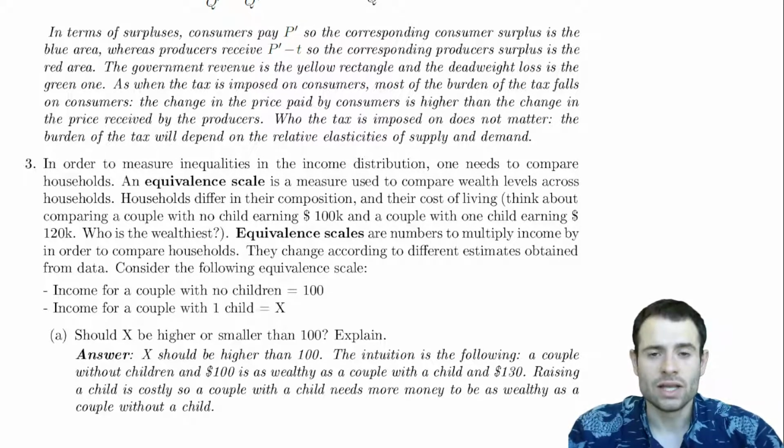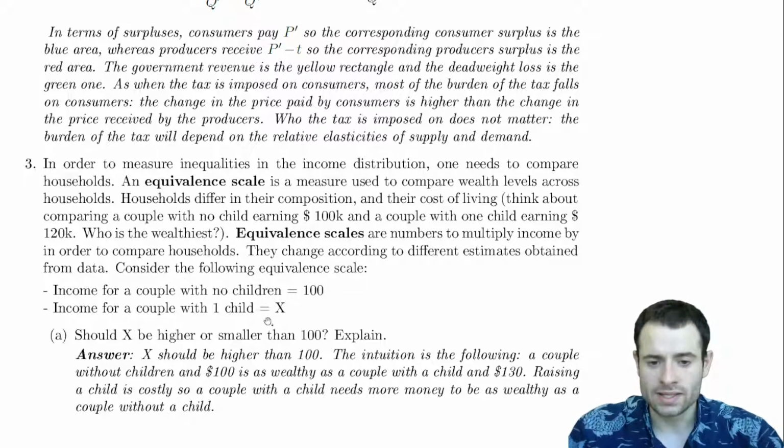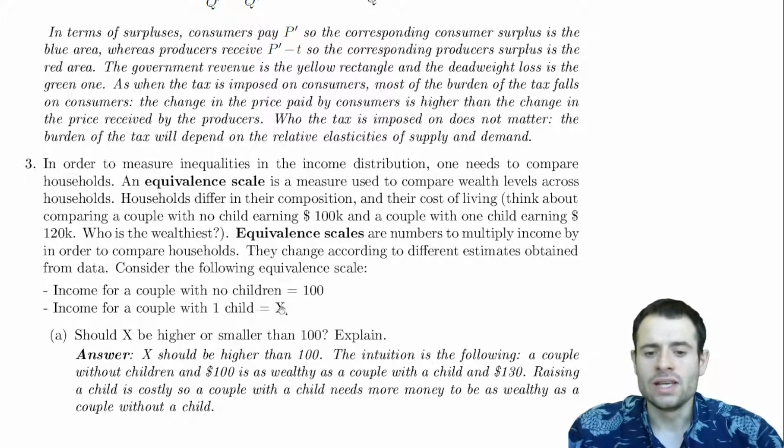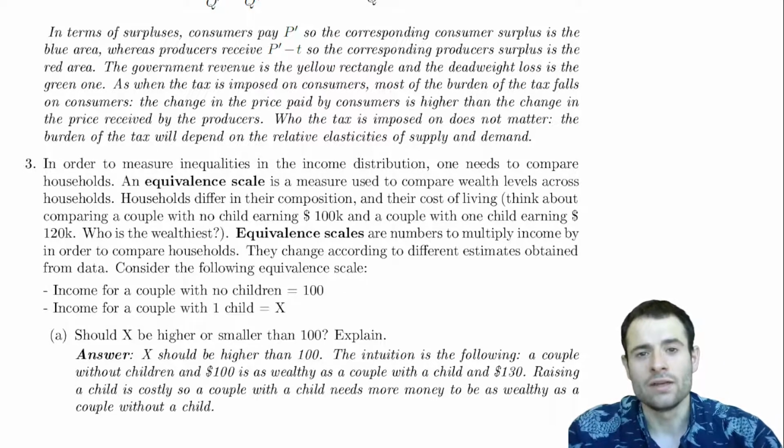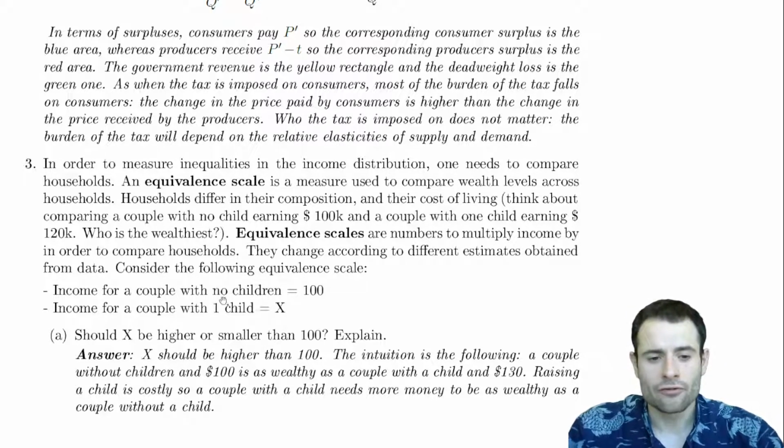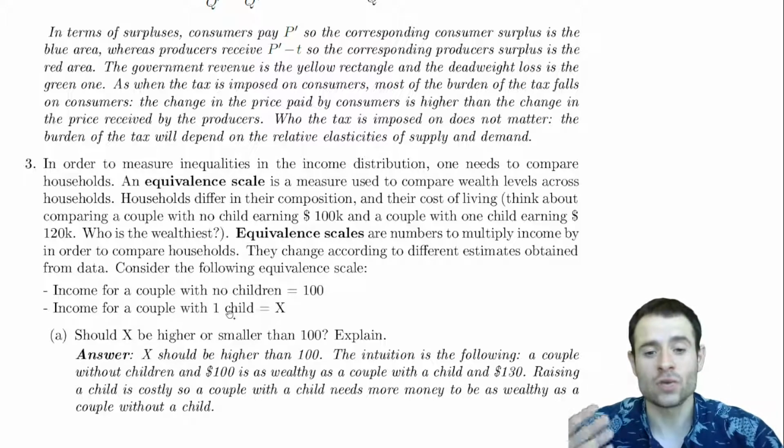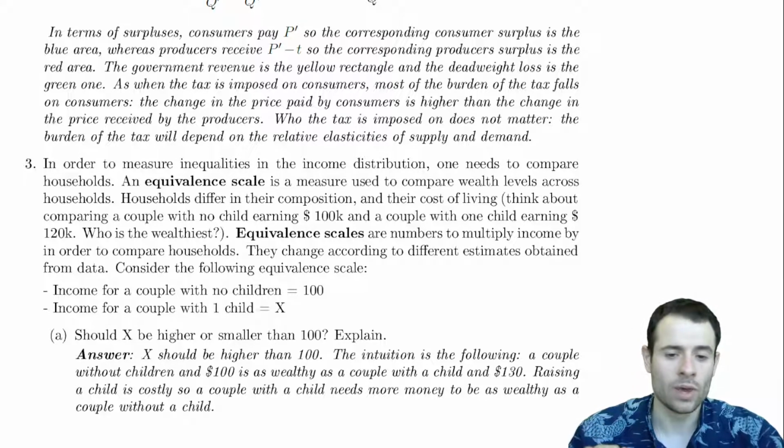The idea here is that these two indices represent the corresponding amount of money for each couple to be equally wealthy. So, if a couple with no children gets 100, then we want to know x such that a couple with one child is as wealthy, as rich, as a couple with no children.